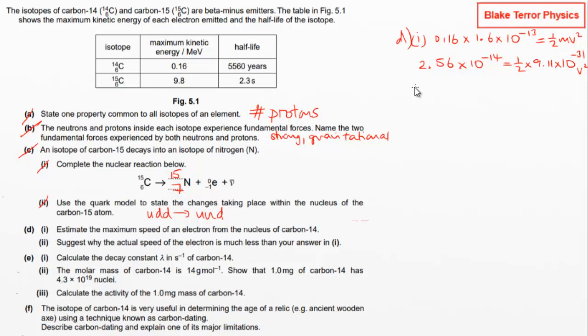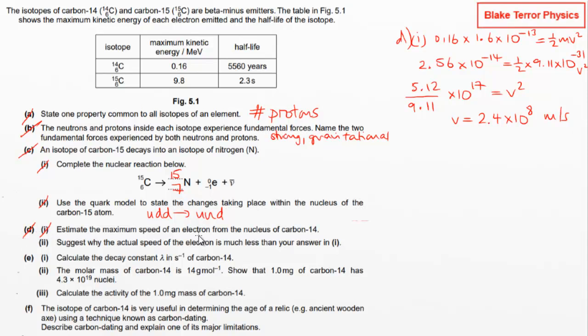Rearranging all of this, 5.12 divided by 9.11 times 10 to the 17 is equal to v squared. So v is coming out as 2.37, so 2.4 times 10 to the 8 meters per second.